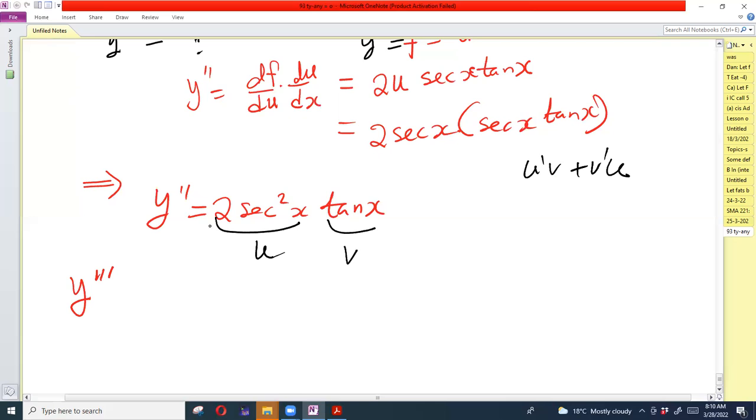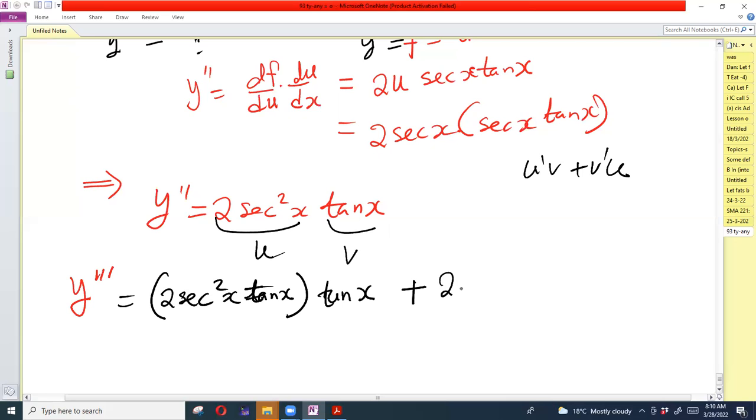So u prime, we have known that the answer is 2 sec squared x tan x. Then you multiply this one by v, which is tan x. And then plus v prime, this will be sec squared, and this will have 2 sec squared x.